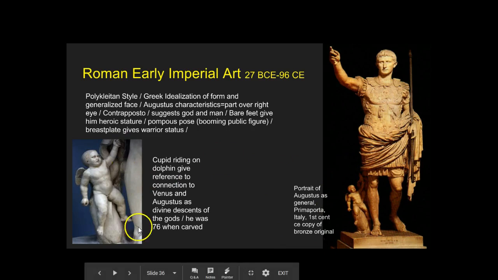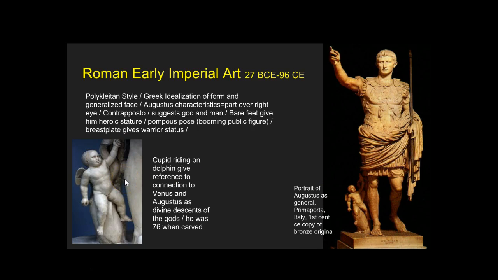We've got Cupid right here riding a dolphin, which is in reference to the connection between Venus and Augustus. So again, remember, Augustus is a god. This is very much a Greek idealization of form, but we have a generalized face.